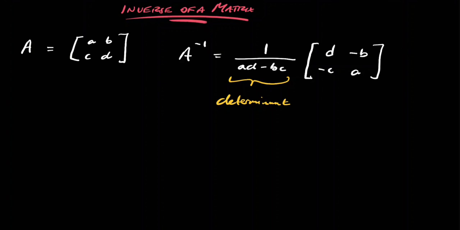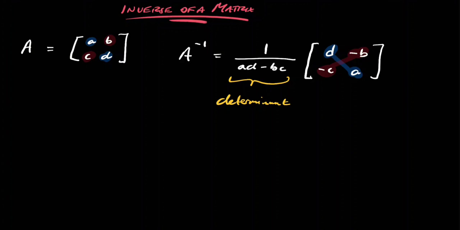So the top left and the bottom right have switched spots, and the top right and the bottom left have switched signs. You'll notice that A and D have switched spots to be in opposite corners, and you'll notice that B and C have switched signs to be the opposite of what the number originally was.